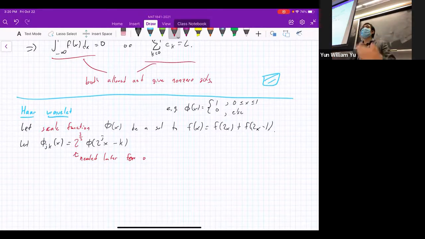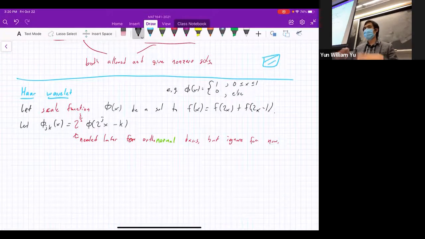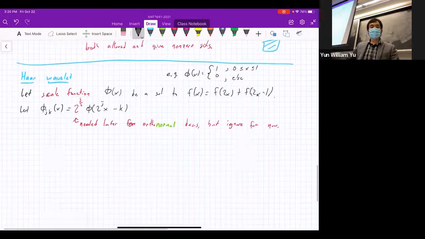Obviously, if you have an orthonormal basis, its inner product with itself has to be equal to 1, and so that's why we need to do this rescaling. But for the purposes of just figuring out orthogonality, that obviously doesn't matter. It's needed later for the orthonormal part of this basis, but ignore it for now, because we're just going to try to show orthogonality.